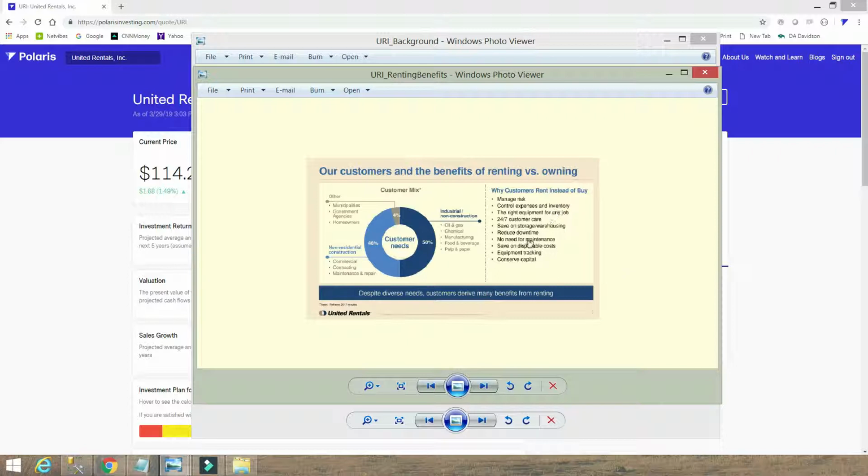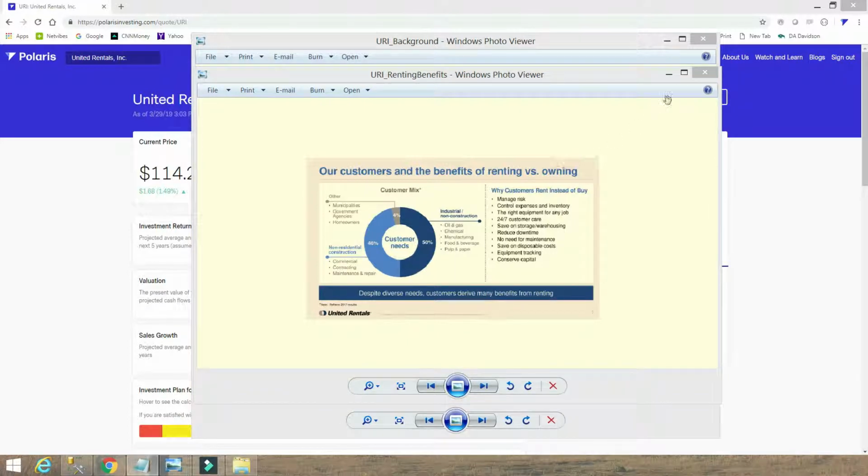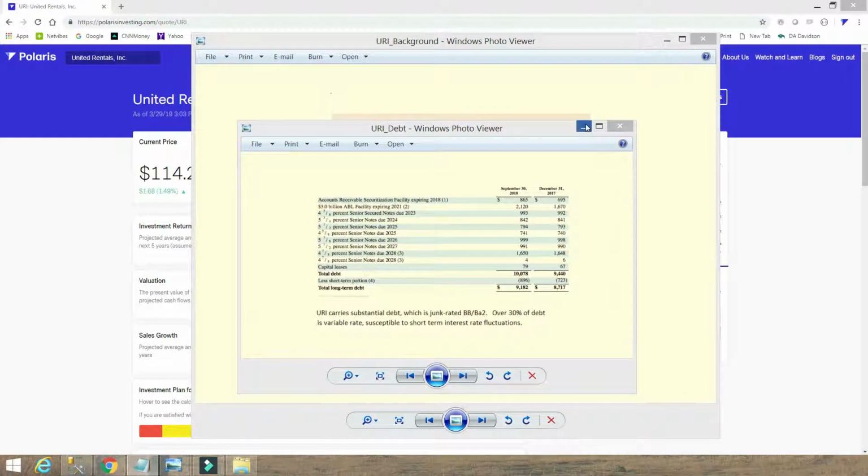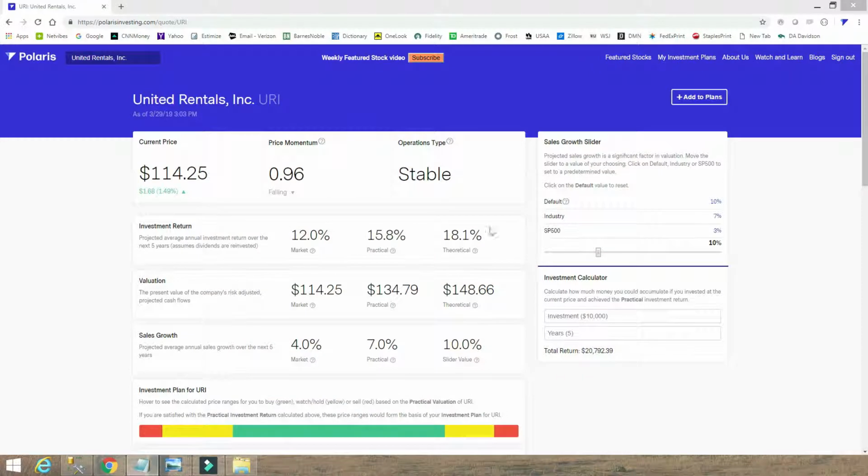Note that most of the rentals are in non-residential, primarily in commercial. And in the commercial space, a good chunk of it is in oil and gas, dealing with the handling of liquids for fracking. With that brief background, let's get back to the PolarisInvesting.com website and discuss the valuation.